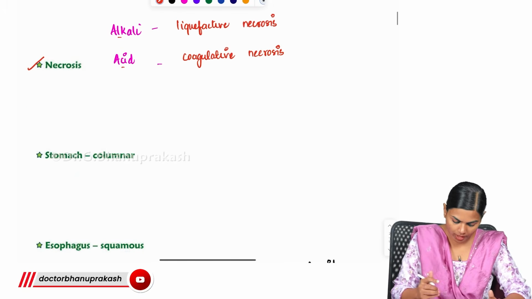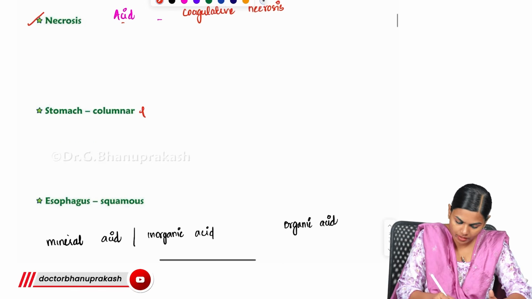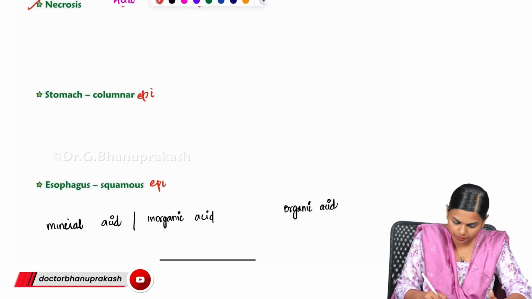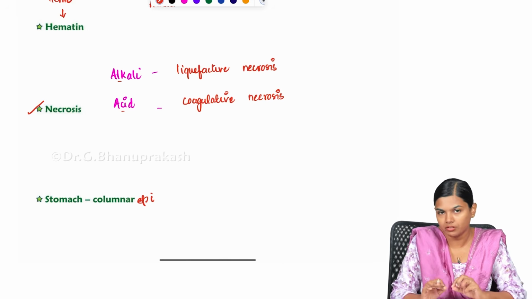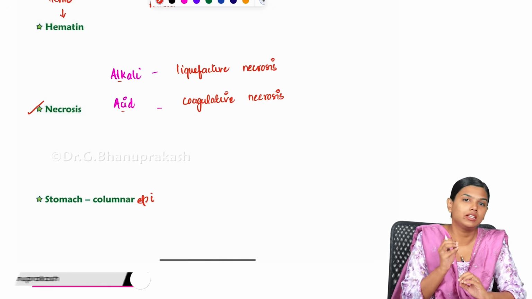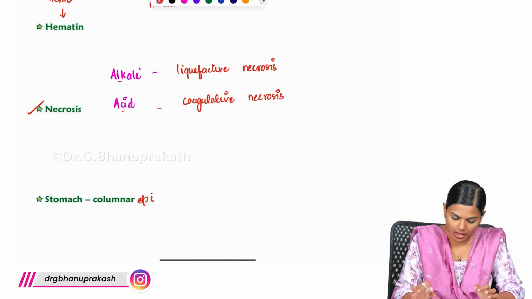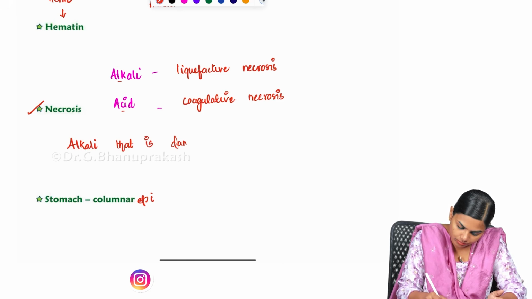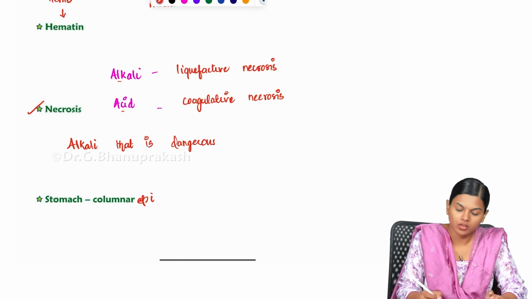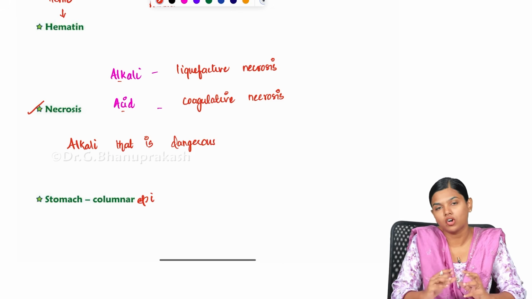In the stomach you have columnar epithelium and you have squamous epithelium in the esophagus. This alkali compound will lead to liquefactive necrosis, that is, it will liquefy the tissues, and between these two it is always alkali that is dangerous, because it will liquefy the tissue and cause more damage.